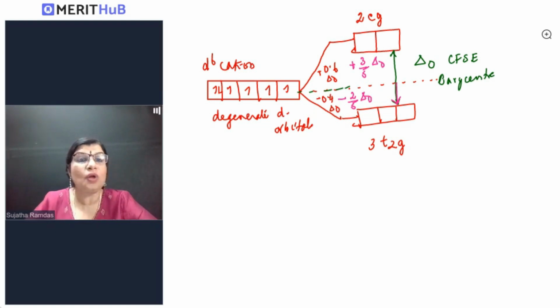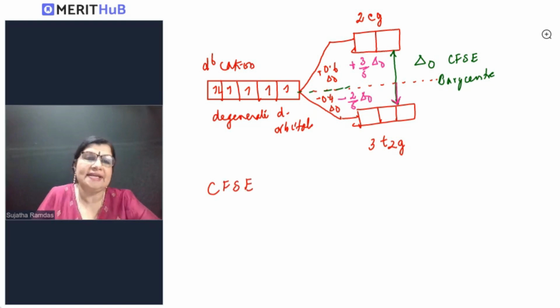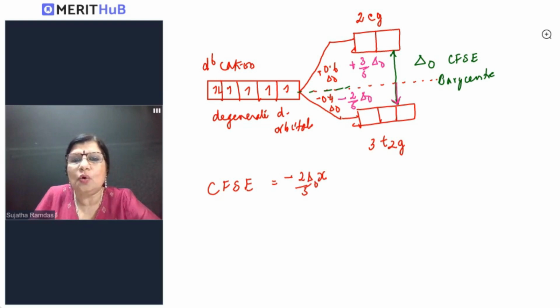Now let's find the general formula to determine the crystal field splitting energy. It is given by minus 2 by 5 delta O times X, plus 3 by 5 delta O times Y, plus ZP.